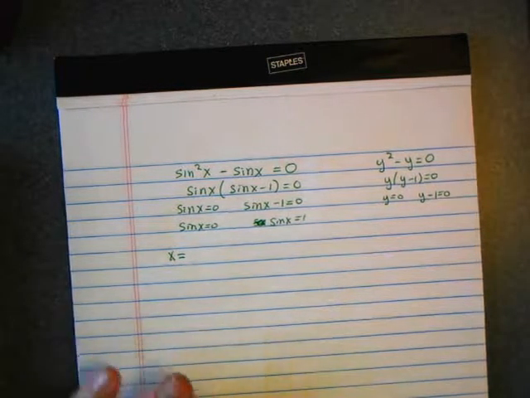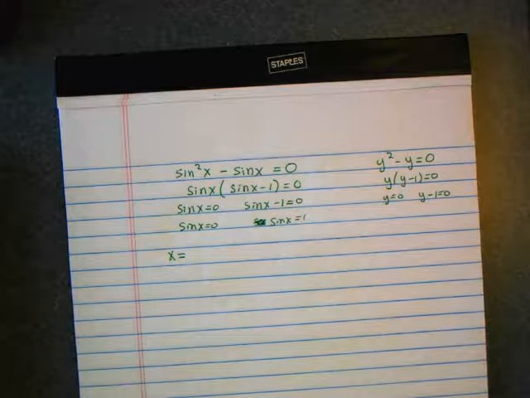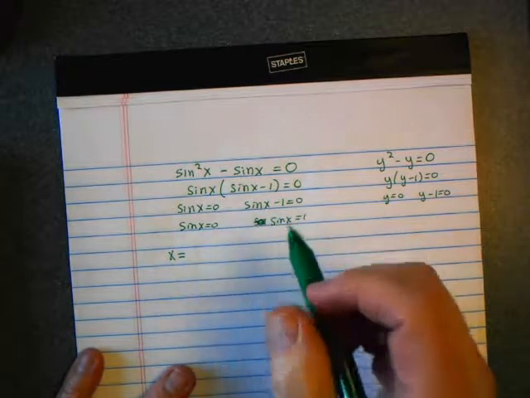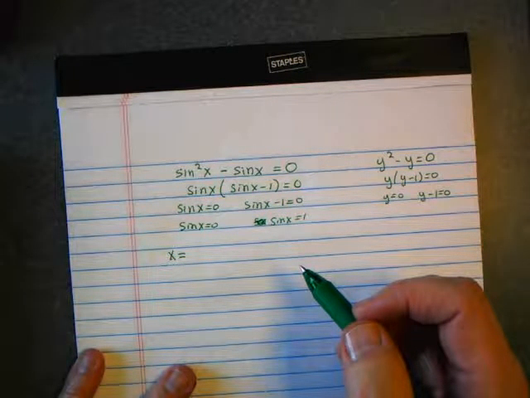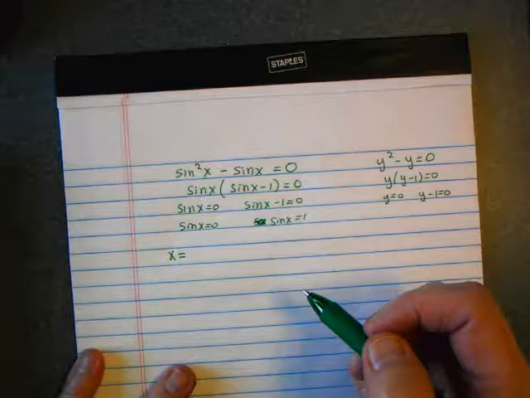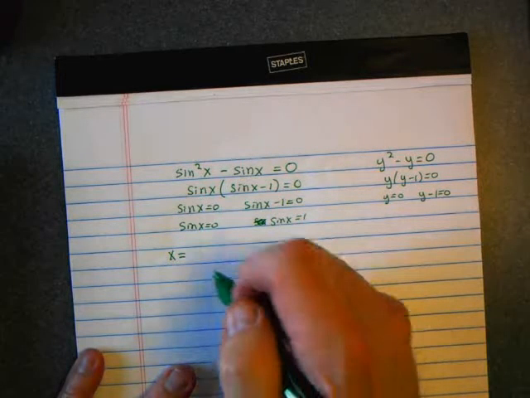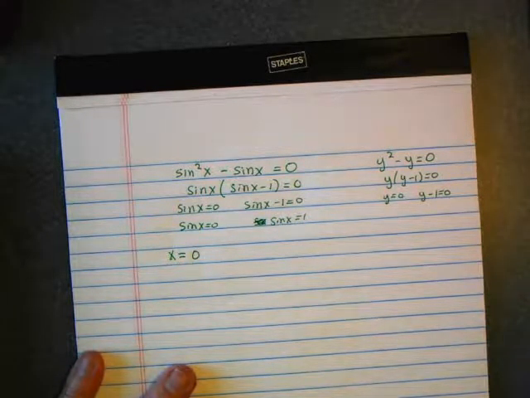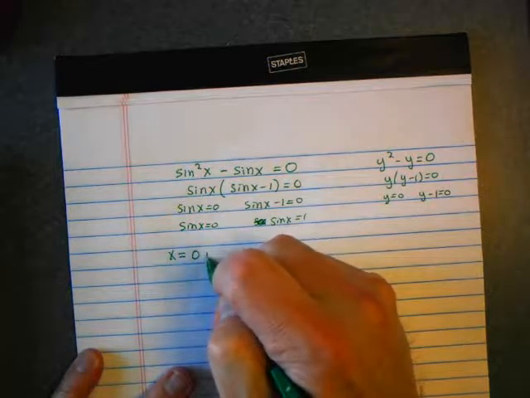All right. So when does sine of x equal 0? Not pi over 6. First one, it's 0. Sine of 0 equals 0. So it would be 0 plus 2 pi k.